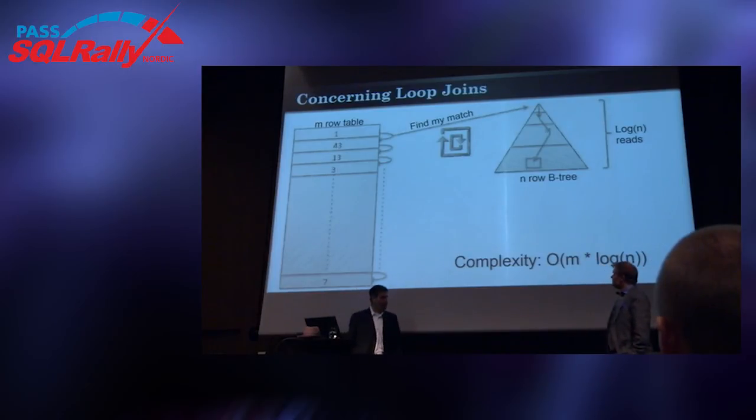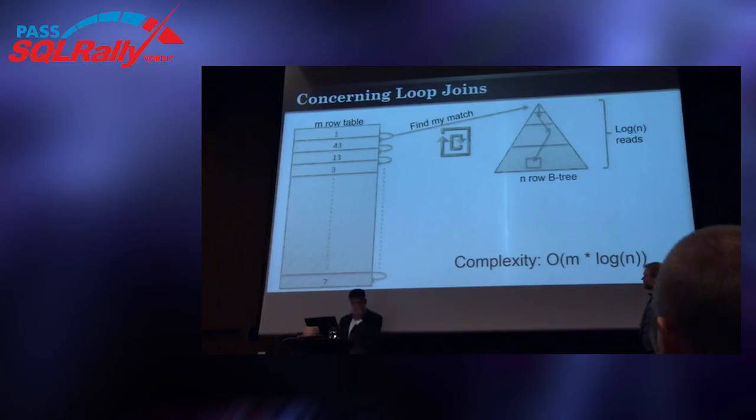Well, what we can leverage is, instead of the hash join, the loop join. Now, it's interesting, the loop join complexity. We go log n. Did you get that the wrong way around? Sorry? That should have been m times log n, rather than m plus log n. Yes.